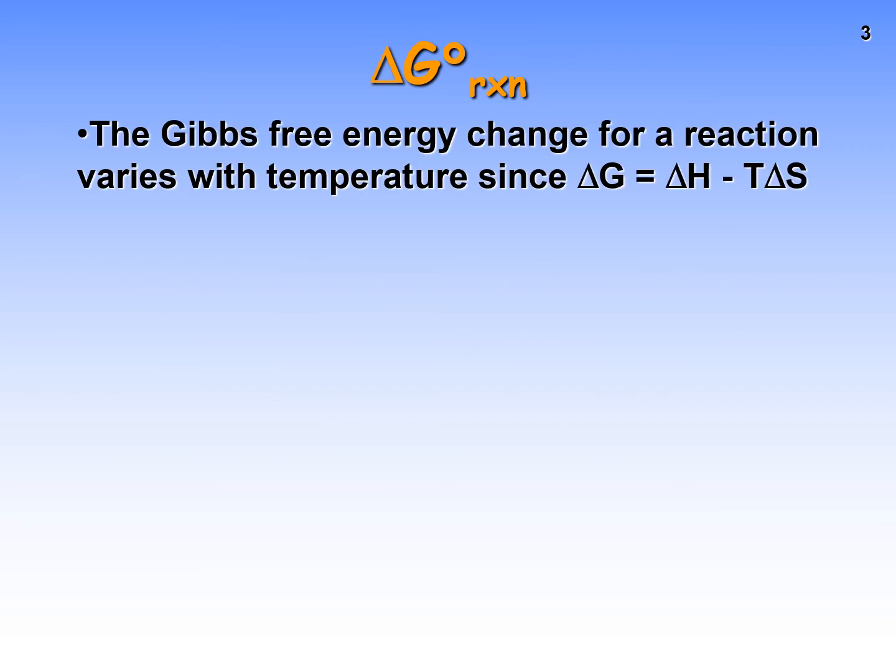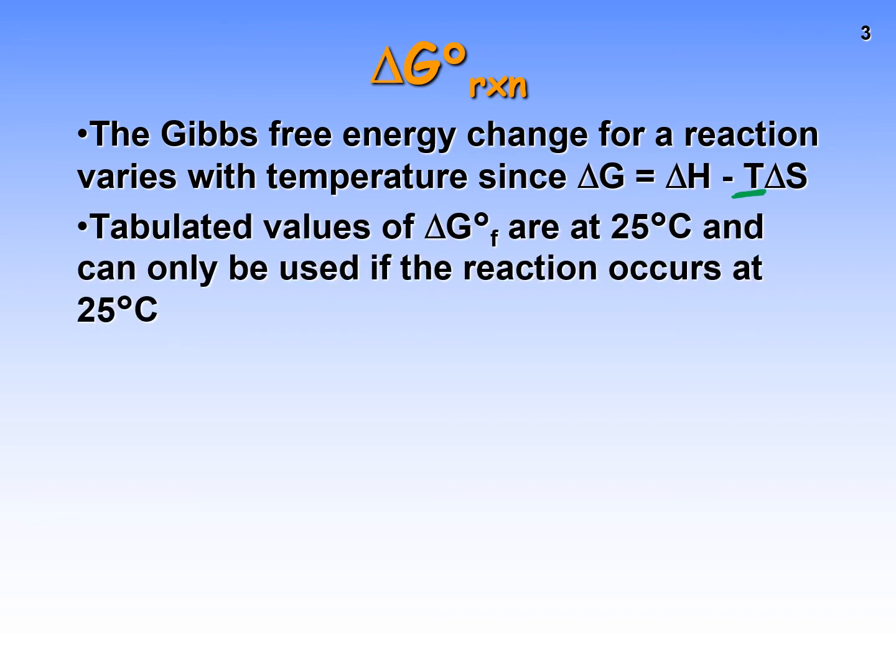So let's talk about this a little bit more. The Gibbs free energy change for a reaction varies with temperature because of this T here. However, we can use tabulated values of delta G naught of formation at 25 degrees Celsius.